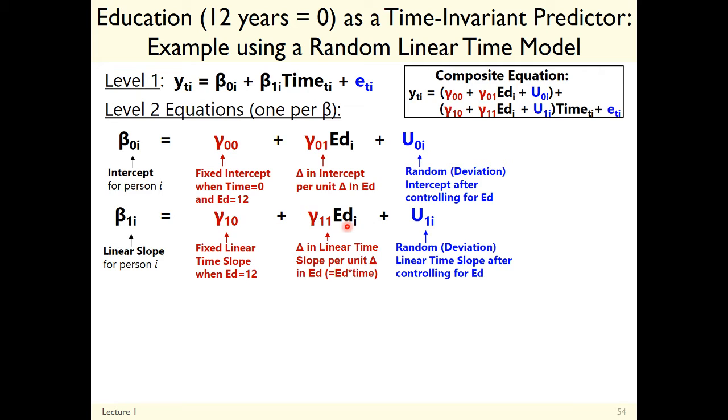To the extent that education matters in predicting change, the U1 variance should go down relative to what it was before. So it's the remaining individual slope variation after giving each person a different slope as a function of education.